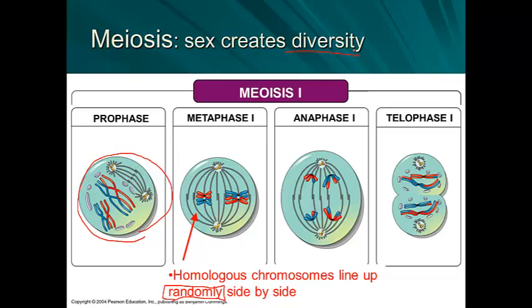So you'll see that at the end, a gamete isn't all blue chromosomes or all red chromosomes. It's a mixture, a shuffling of your mom's and your dad's genes. And that's because of these cellular processes.